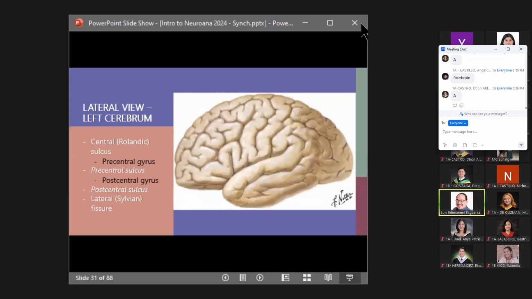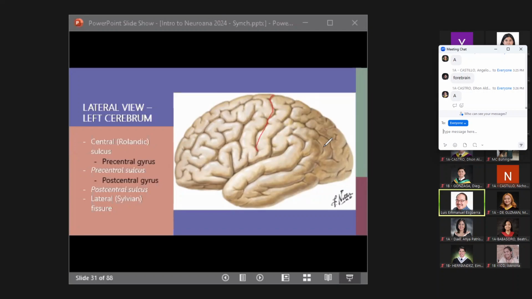Anyway, I will annotate to make sure you get it. Yeah, that's the central sulcus. That's the first thing that you have to identify when you're given a specimen.